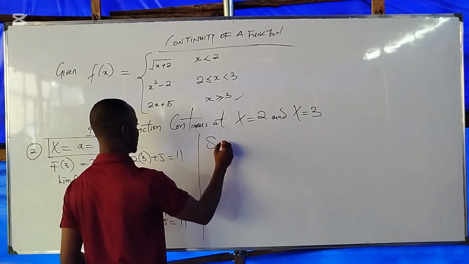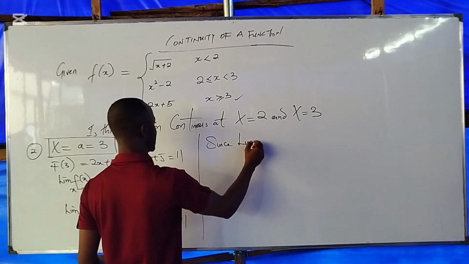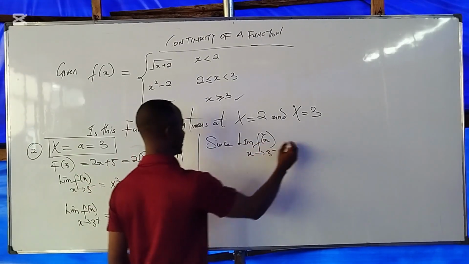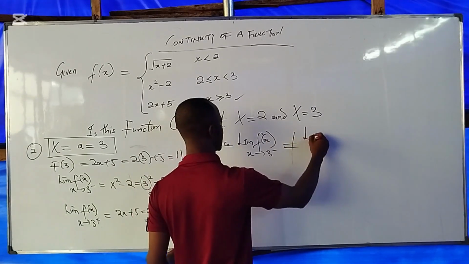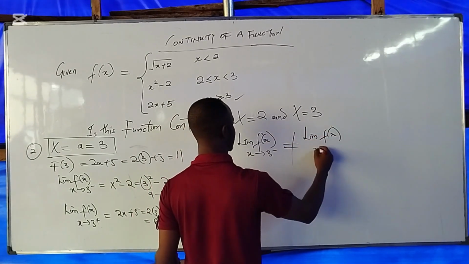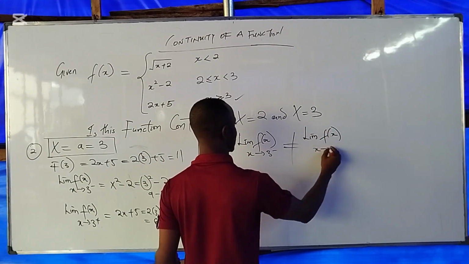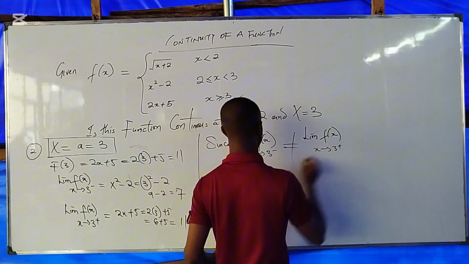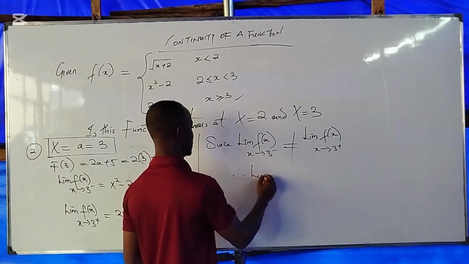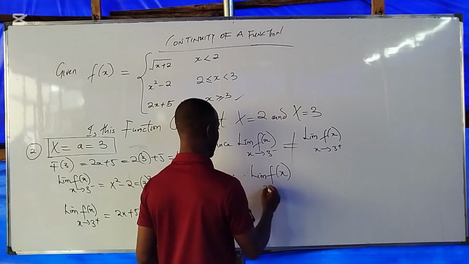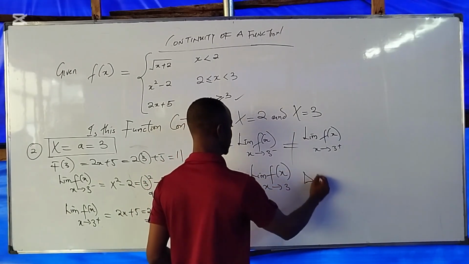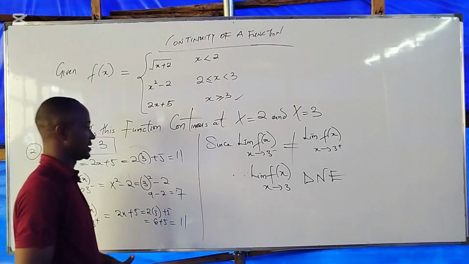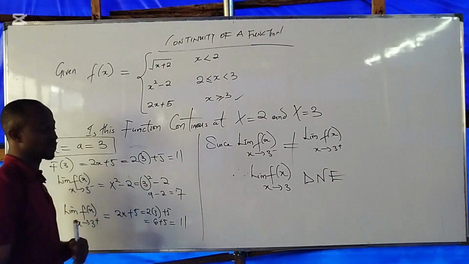So we say since the limit of f of x as x approaches 3 on the left hand side is not equal to the limit of f of x as x approaches 3 on the right hand side, therefore the limit of f of x as x approaches 3 does not exist. Okay, since this does not exist, that simply means that we have a discontinuous function.